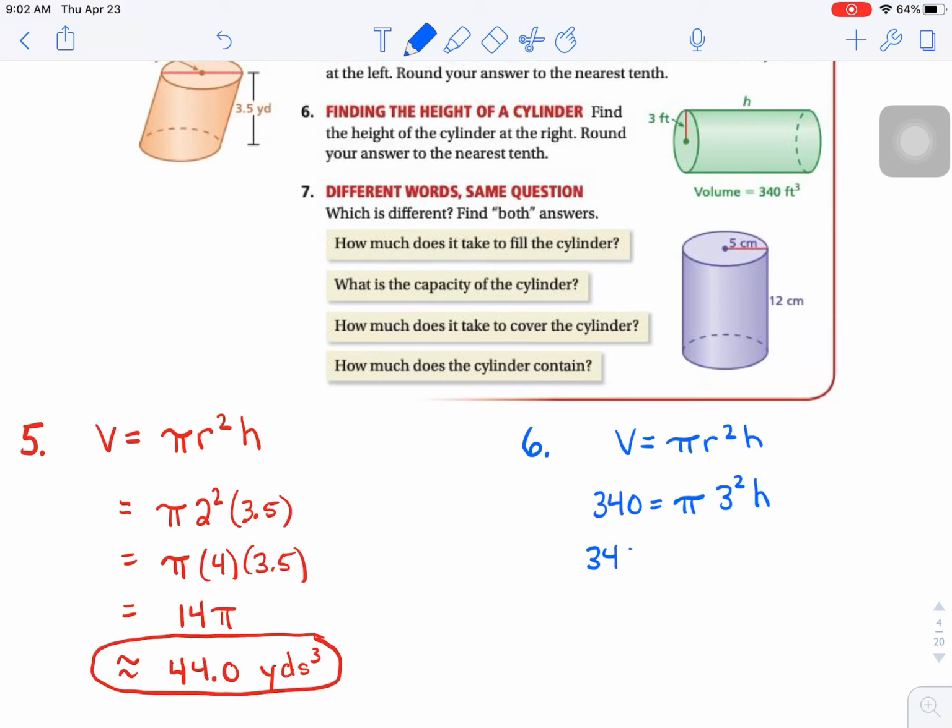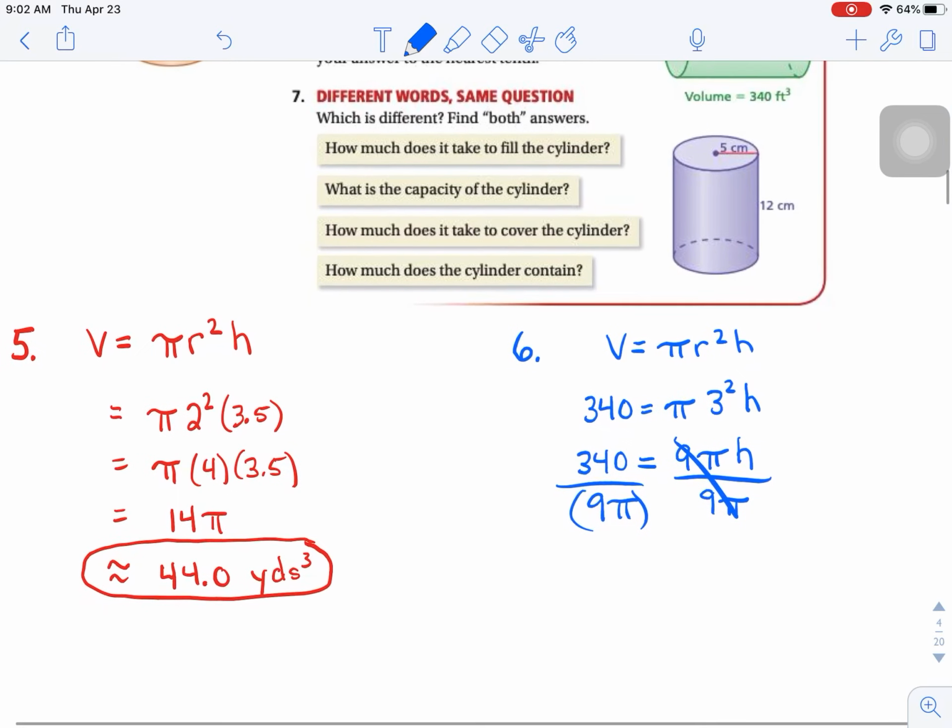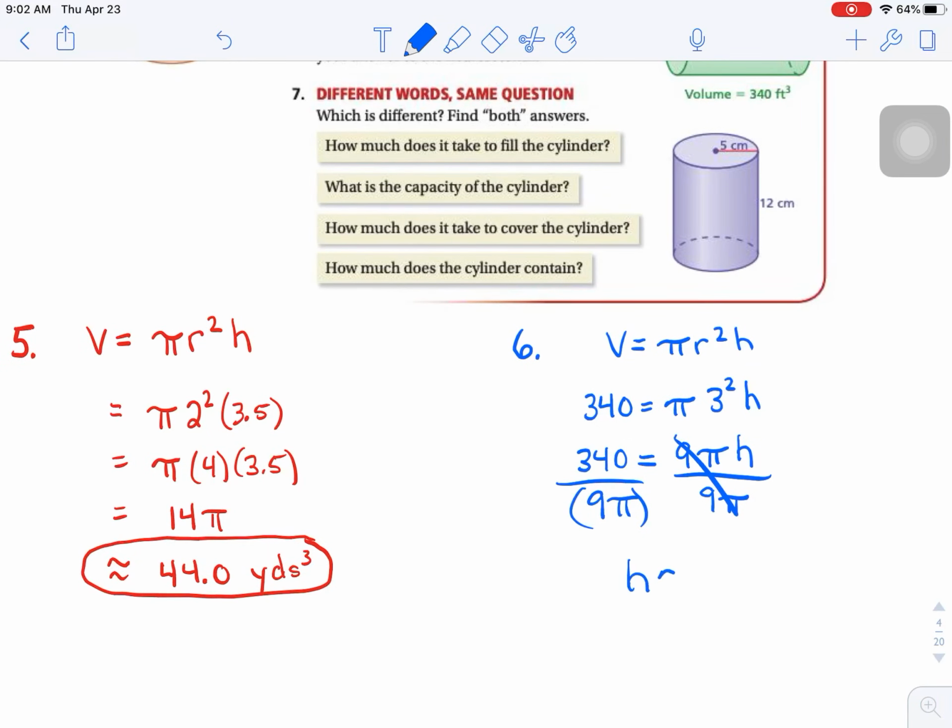So if I multiply 3 squared, I get 9 pi times h. So I'm going to divide both sides by 9 pi to get h by itself. Remember, when you put that in a calculator, either put it in parentheses or evaluate 9 pi first. And we get h is about 12 feet.